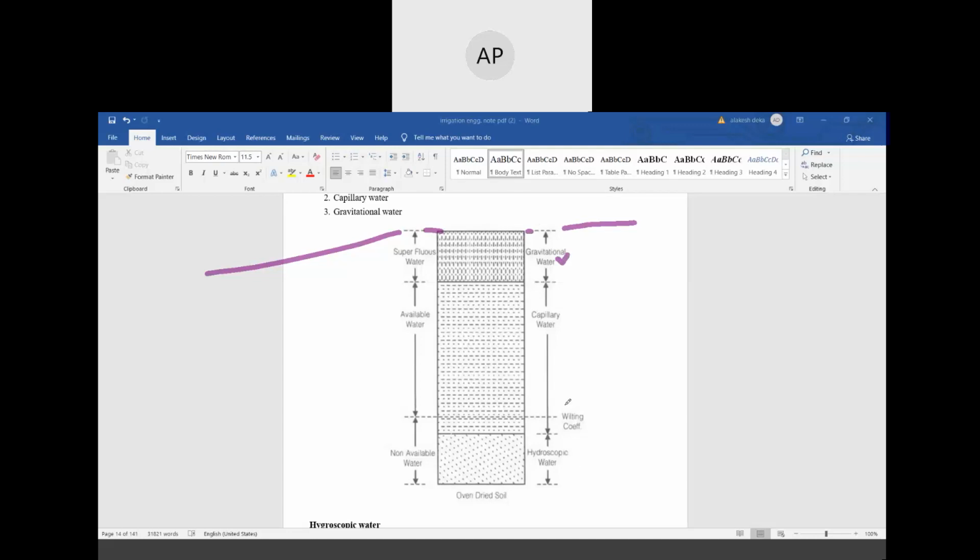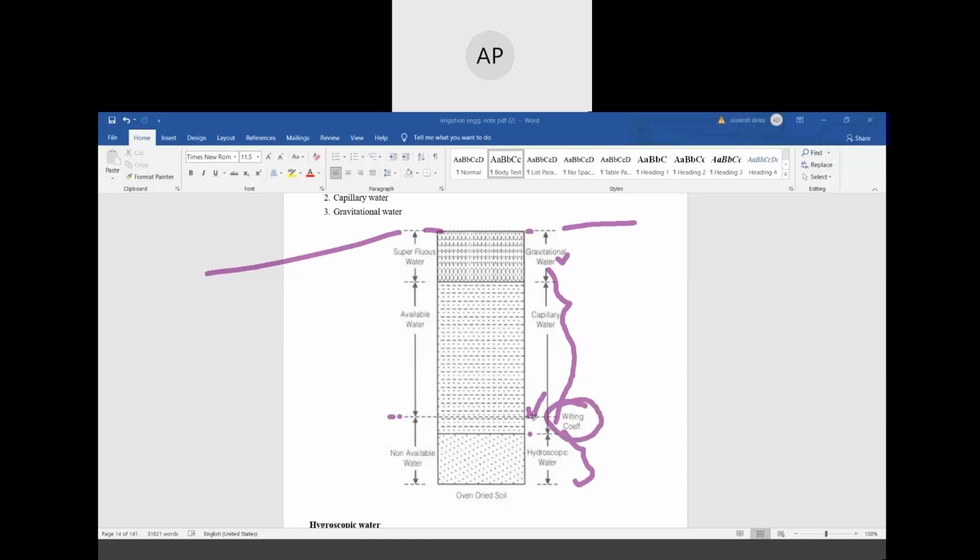Again, next zone of water is called capillary water. Again, below the capillary water, the water is called hygroscopic water. There is a dotted line here in between capillary water and hygroscopic water. Can you see this? This is called the wilting coefficient.